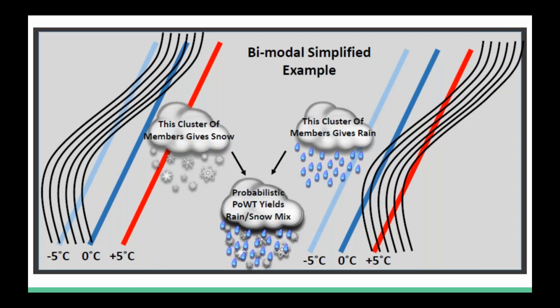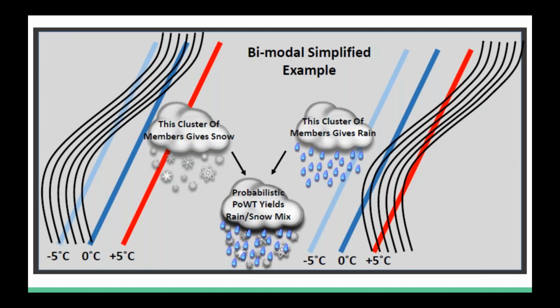Let's talk about bimodal situations. This happens when you have a group of models, say, that take a storm to your north, and another group of models take your storm to the south. Obviously, they result in two different precipitation type outcomes, and that's reflected here. One cluster would give you snow, the other gives you rain. The NBM accurately provides this as a rain-snow mix in your probabilities.